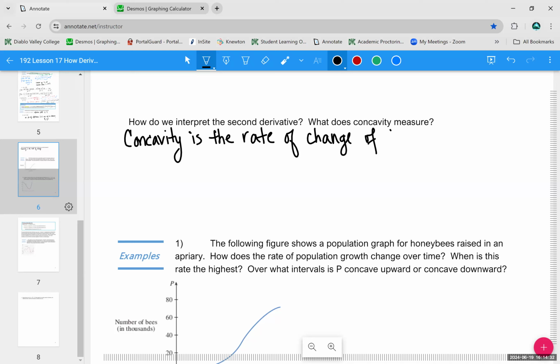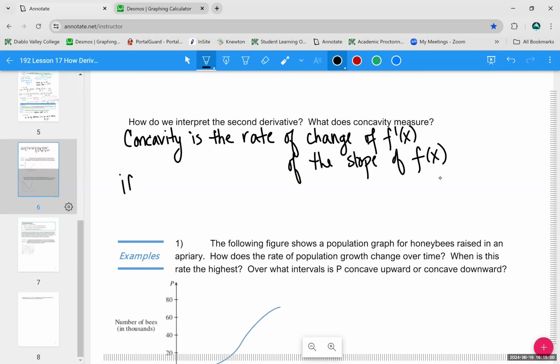So of f prime of x, which really means of the slope of f of x. Haven't we interchanged the idea that slope of the tangent can be considered the slope of the function? Okay. So the second derivative is the rate of change of the slope of the function.